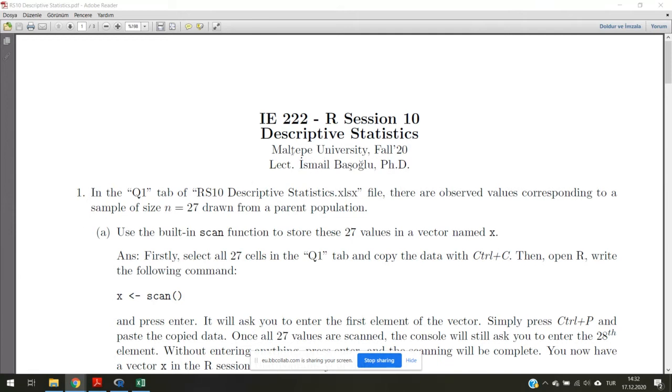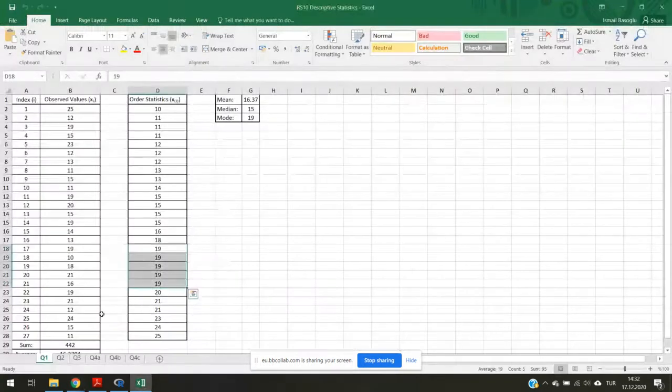So this R session is just going to follow the sample data in the Excel file named RS10 descriptive statistics. Also, the same applications which we are going to perform in the R console are also available in the Excel as well. So you can check this Excel file.